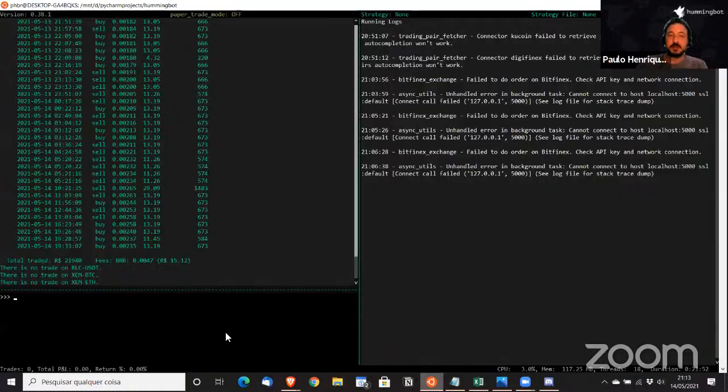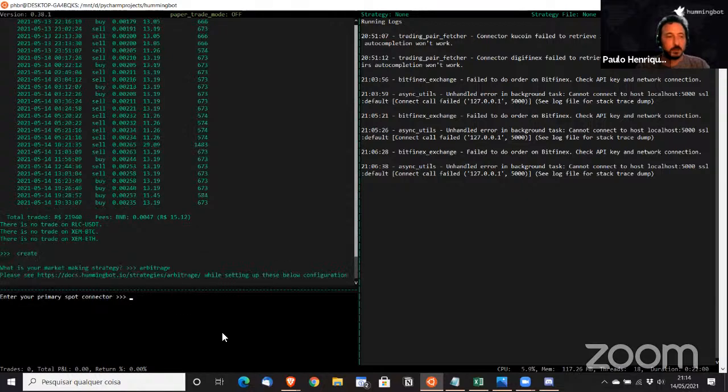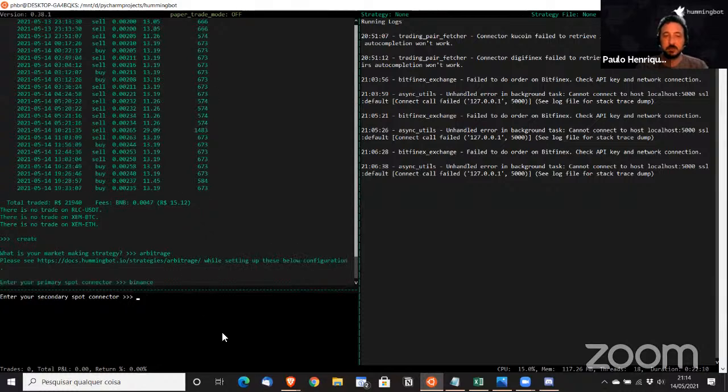So let's take an example of what we can do. We would create an arbitrage strategy, a new strategy. And there are some changes you see here, right? So you see the usual questions: what is the first exchange, what's the first connector, what's the second connector?